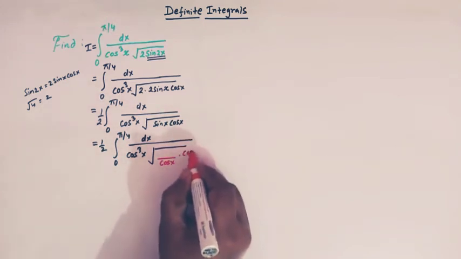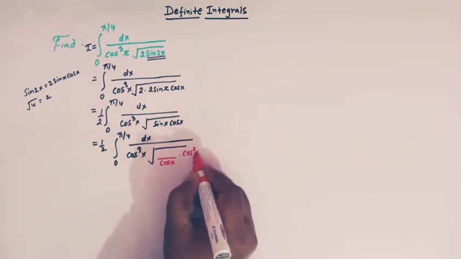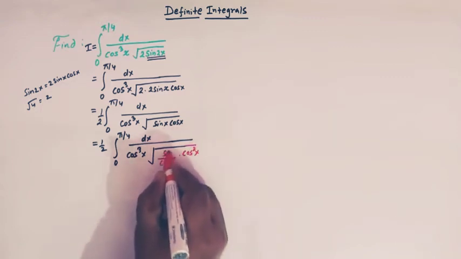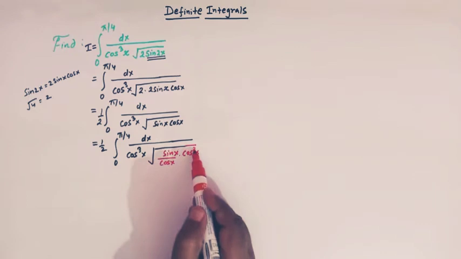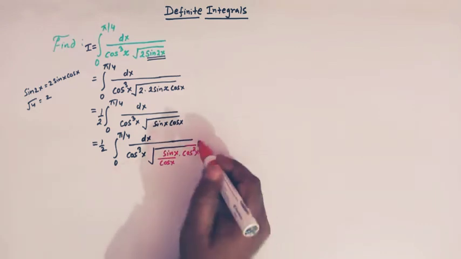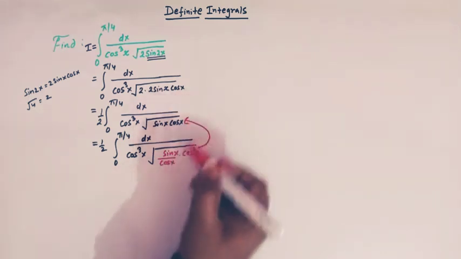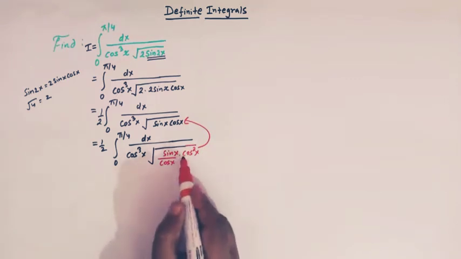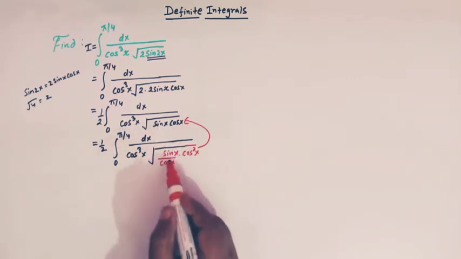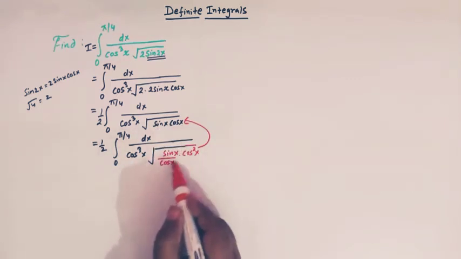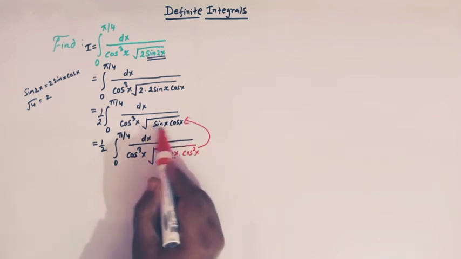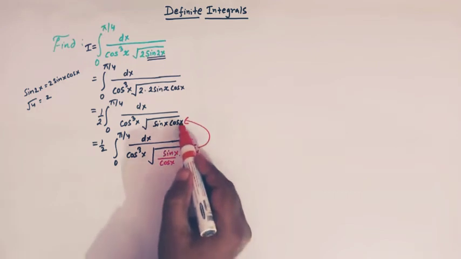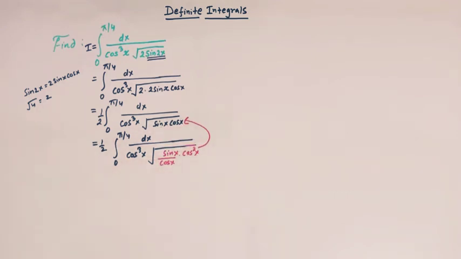So here we can write cos square x, and here we have sine x over cos x, because cos x and cos x get cancelled, and again we get the same term. This is an important step, implemented by dividing this term by cos x and multiplying it with cos x.